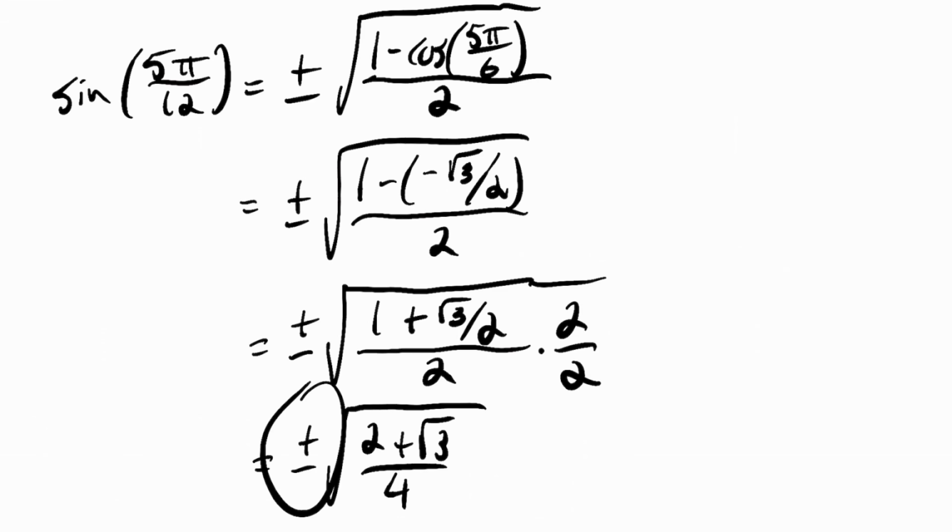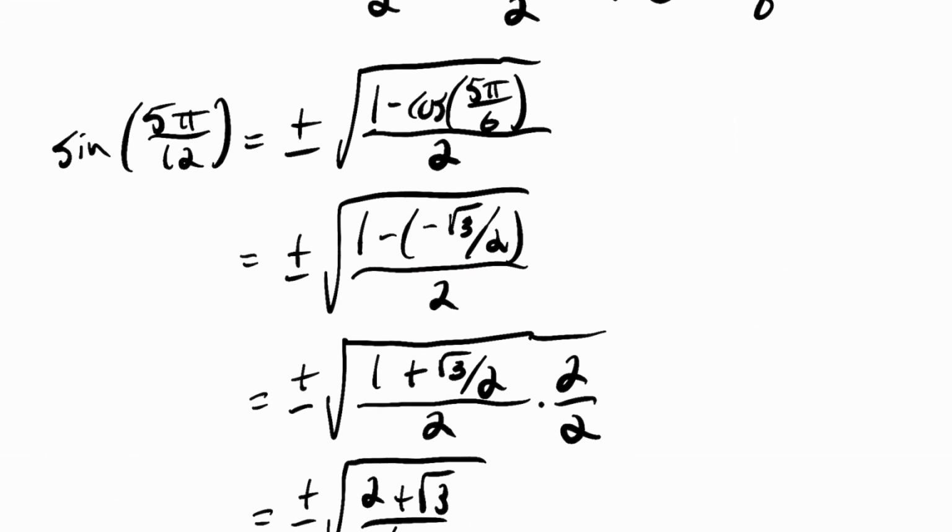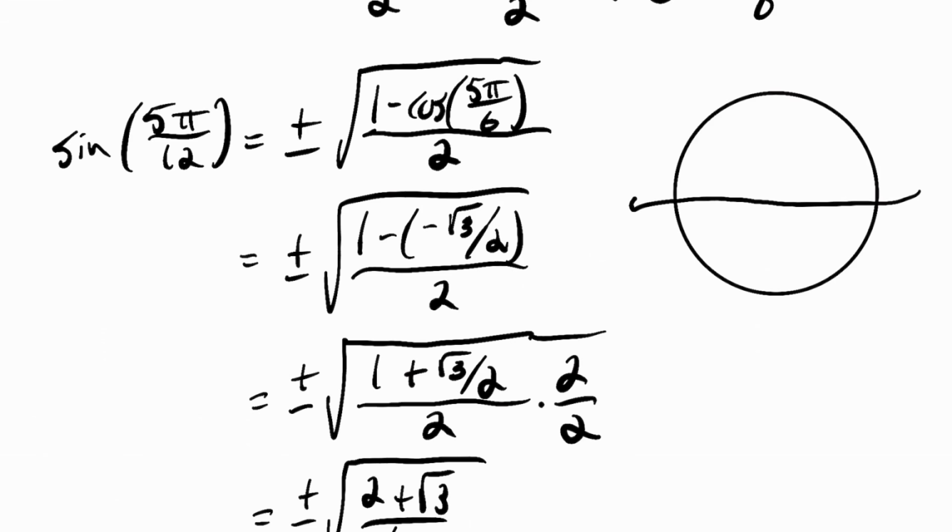So now we need to talk about the plus minus. How do we decide? Well, if you think about where 5 pi over 12 is, one way to deal with that is to make a unit circle. It's off kilter, but whatever. So 5 pi over 6 is right over here in quadrant 2. What I want you to think about is the following.